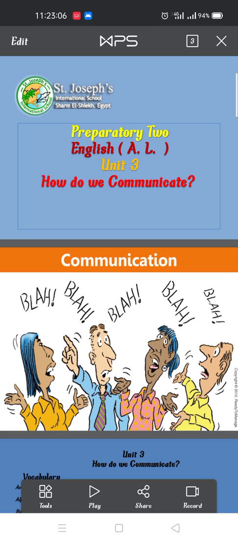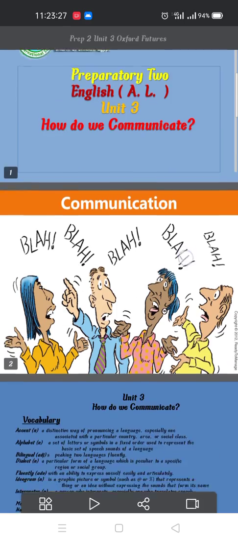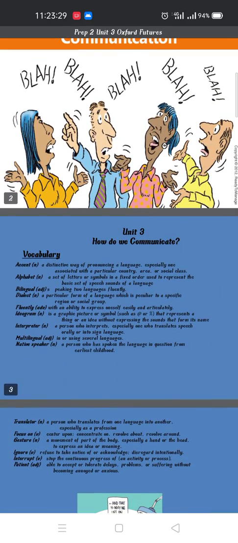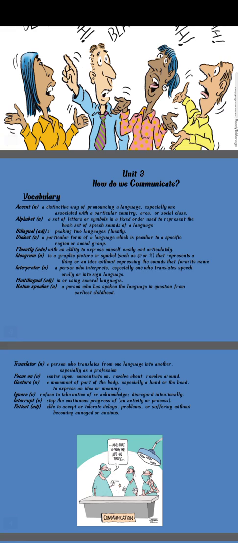So when we talk about communication, we have two levels of communication: verbal communication, using words, speaking, writing, and non-verbal communication, which is using body language, signals, sign language, etc. Okay? All right, now let's see the words related to Unit 3.